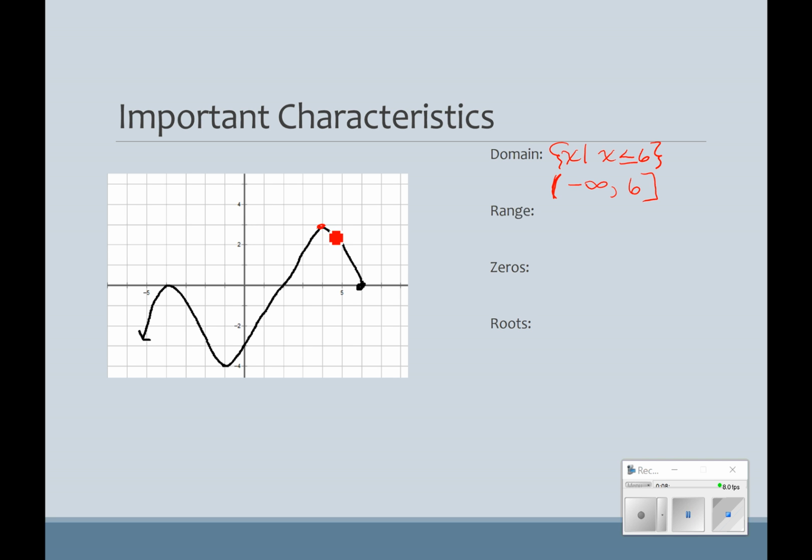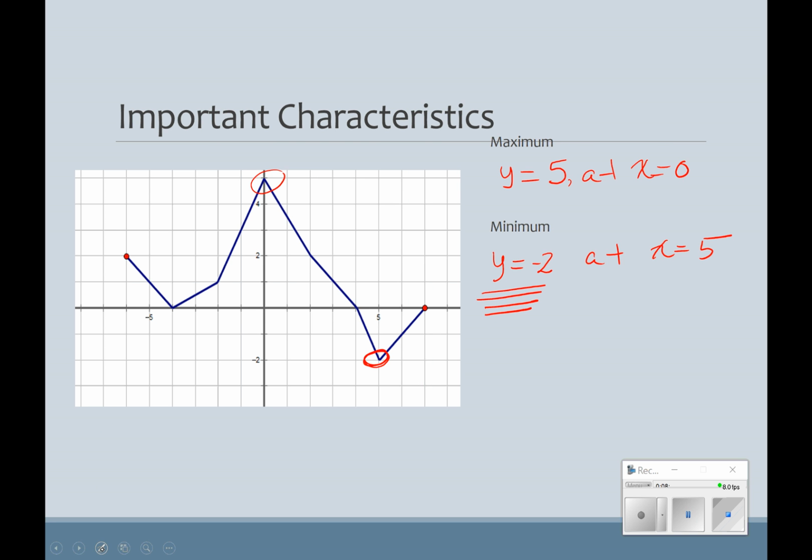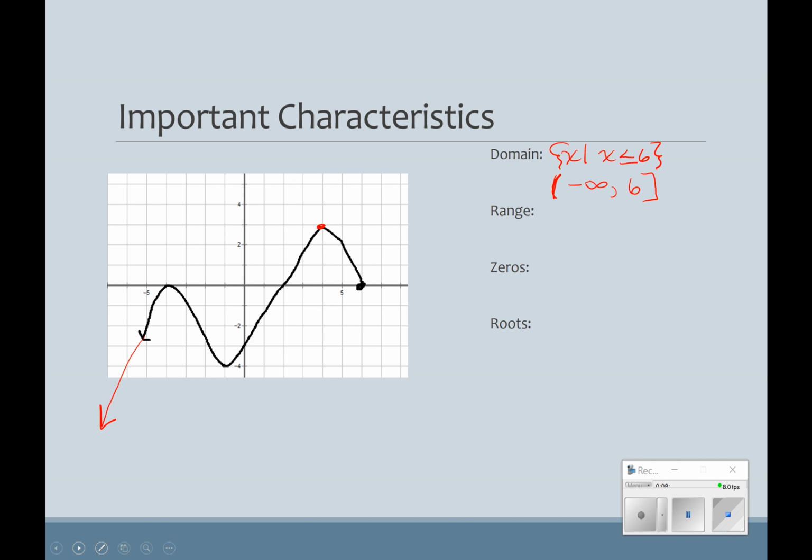Is going to be my largest y value. Again, because this is going to keep going, it's going to go down to negative infinity. So this time we say that, oh, it keeps doing that, y such that y is less than or equal to 3. And in interval notation, negative infinity to 3. Again, paying attention to the parentheses and the bracket.